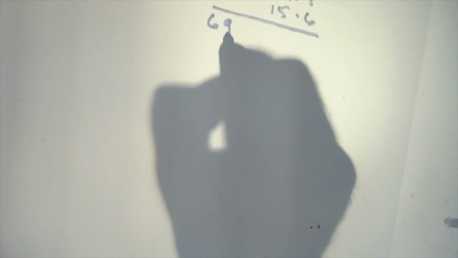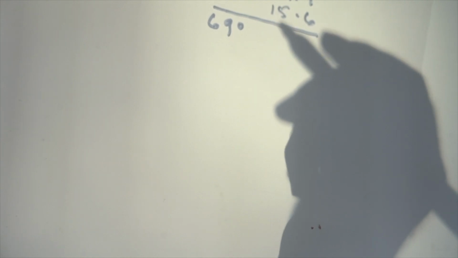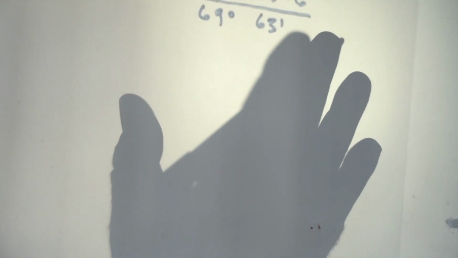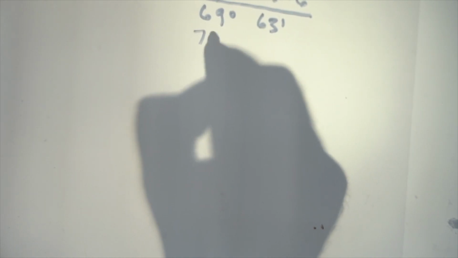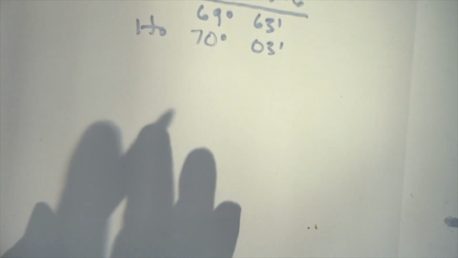And we have a main correction of, can anybody tell me? 15.6, which gives us 69 degrees and 63 minutes, which actually you can't have, so that's 70 degrees, 03 minutes for an HO.